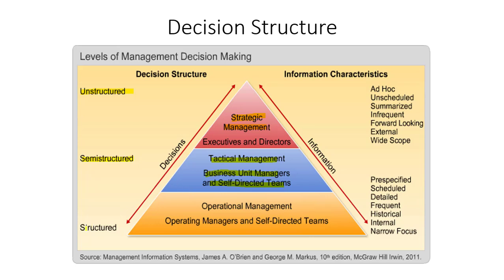In the operational level of the business organization, that is structured, wherein the activities are scheduled, detailed, frequent, historical, internal, and with a narrow focus. So take note of these levels of management in an organization in terms of decision making.